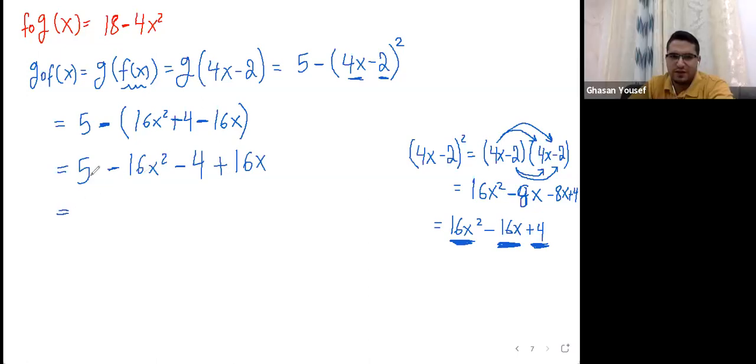Now let's simplify this here. We have positive 5, negative 4. So minus 16x squared plus 16x, and positive 5 minus 4 is positive 1. And this is the final answer.